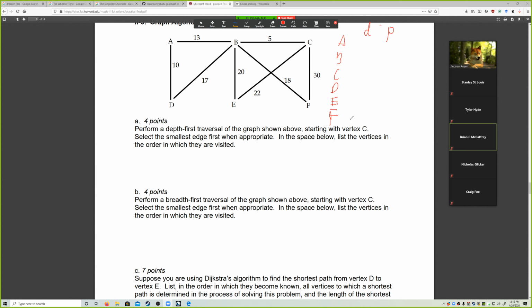So we're starting at node D. The setup is to start with node D, and everything has a distance of infinity to start out with.